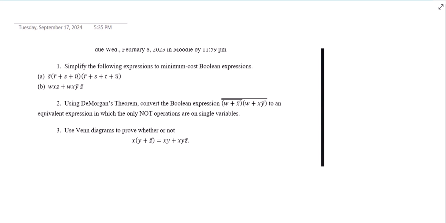Okay, so this is the old homework from a previous semester, and so maybe it will help you with the current homework. Okay, so first of all, we have to minimize some expressions to the minimum cost Boolean expressions.